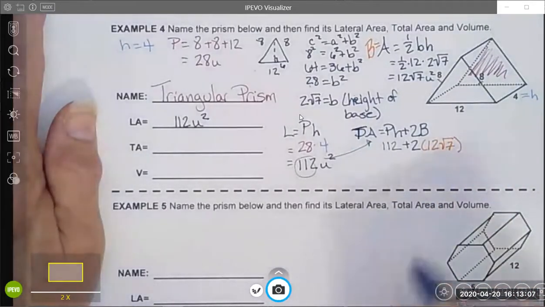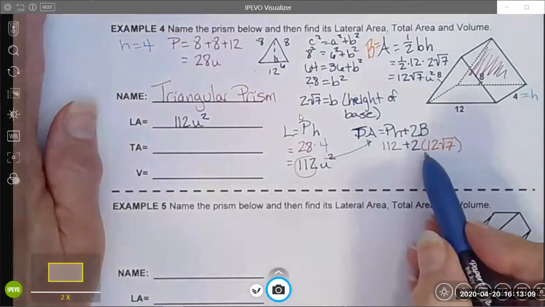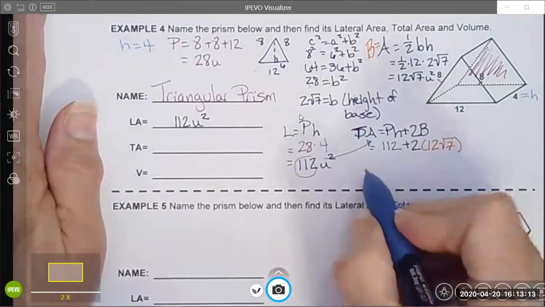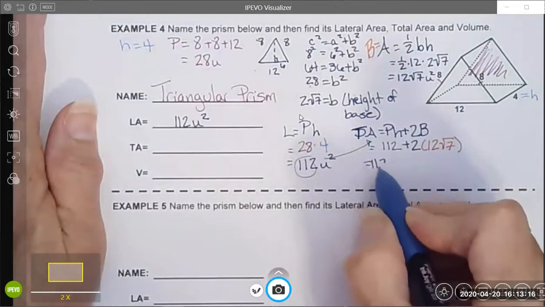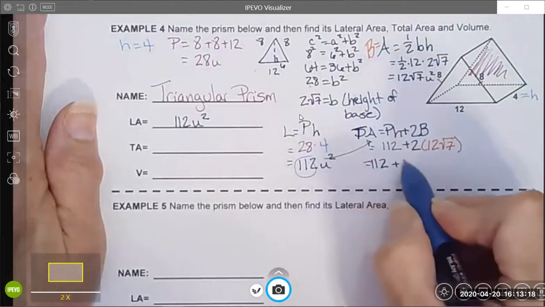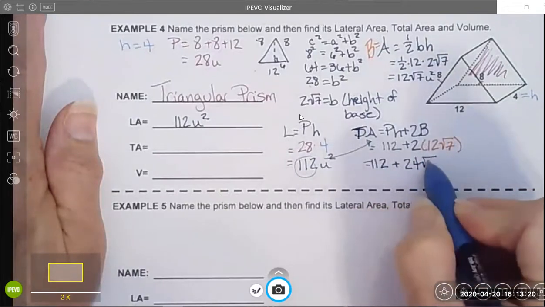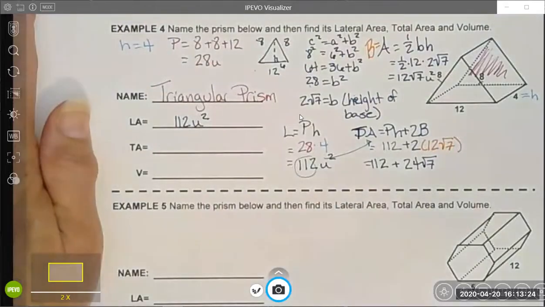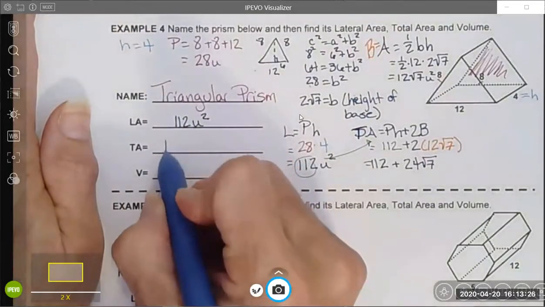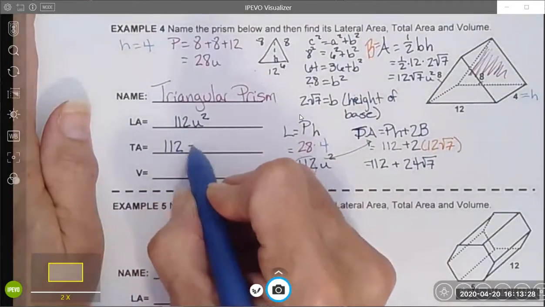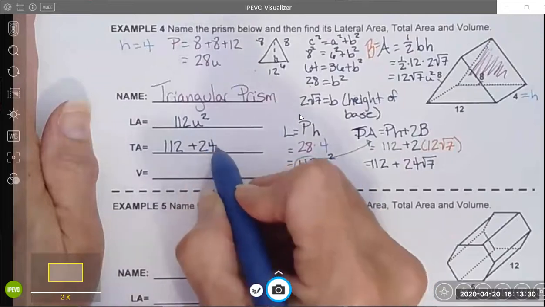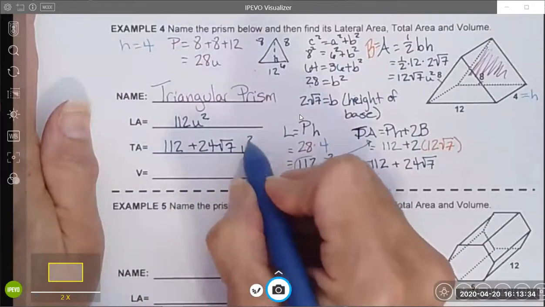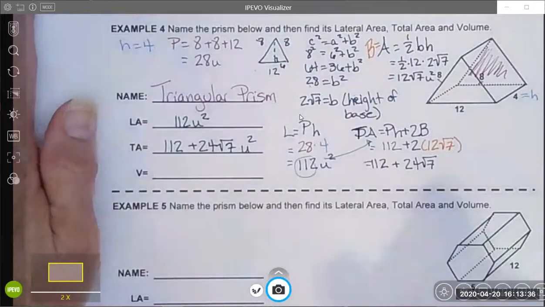When I simplify this, I can multiply the 2 times the 12, but these are not like terms, so I will not be able to simplify it any further than to write it as 112 plus 24 square root 7. So sometimes when we're doing total surface area and volume calculations, our answers can look a little bit complex. That's okay. Hopefully we're used to that by now.